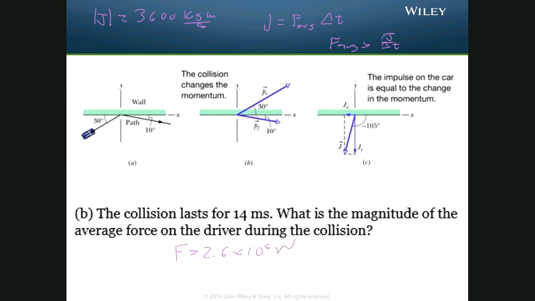Okay? This is sort of exactly what I was meaning to show you. So that's 260,000 newtons.